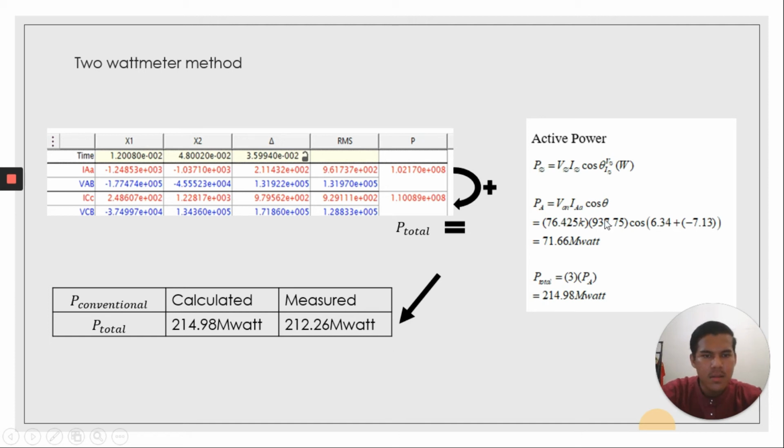Next is active power. To find the active power through the two-watt meter method, this is the formula. It is the same formula as the conventional method. So the calculated value will also be the same, 214.98 megawatt.